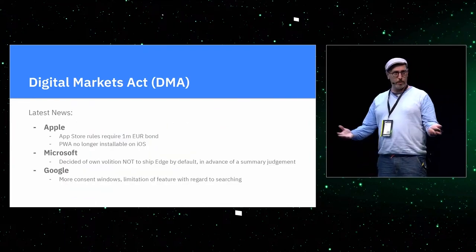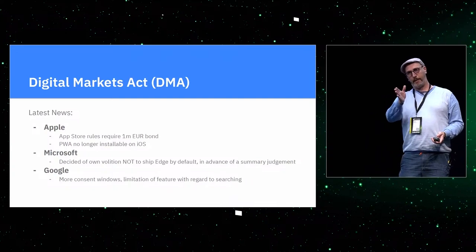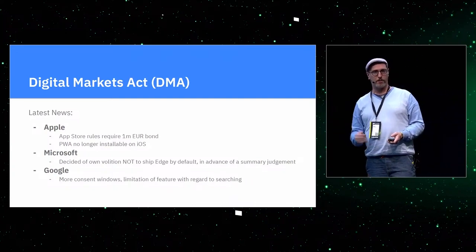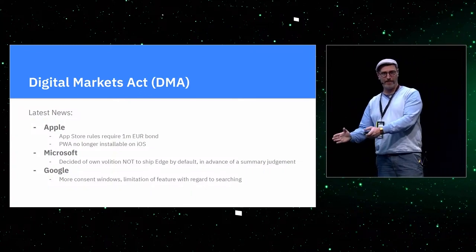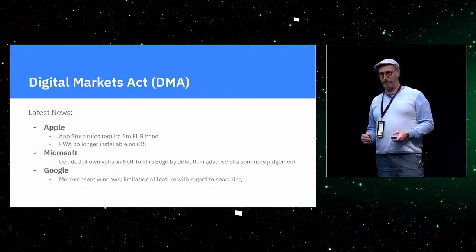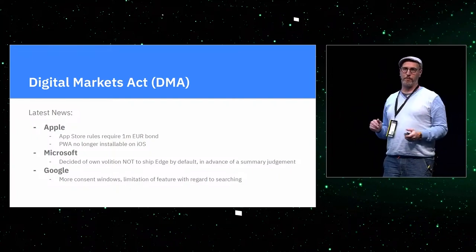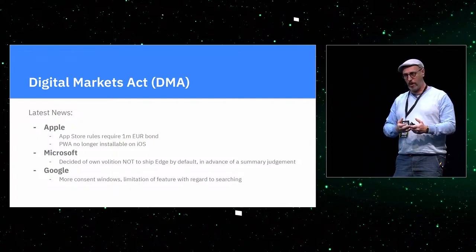And there's some news. You might have heard that to get a third-party app store onto the Apple iOS ecosystem, you must provide Apple with a €1 million bond, which isn't exactly in the nature of what the regulator was expecting when they were hoping that they would open up the market.